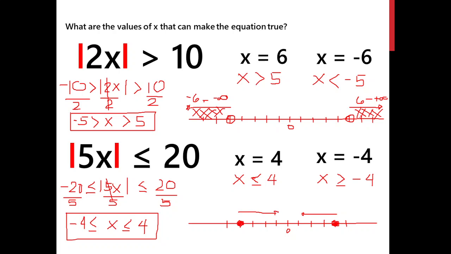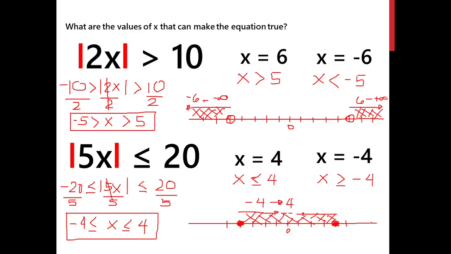Now take a look at it here. Eventually, these two lines will meet. Therefore, all the values between these two numbers are solutions to our inequality. Therefore, the solutions of our inequality is from negative 4 to positive 4.